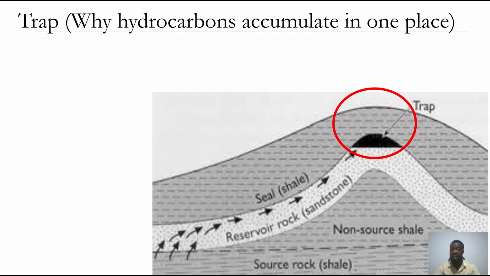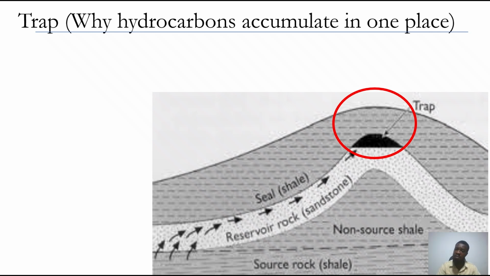So the next thing we're going to look at is what we call the trap system. When we talk about traps, we can think of it as a bottle top. When you have water in your bottle and you don't close it, what happens? Eventually, the water flows out of it. Of course, you have the surrounding part, that is the seal. Yes, you need the top to prevent your fluids from getting out of your bottle.